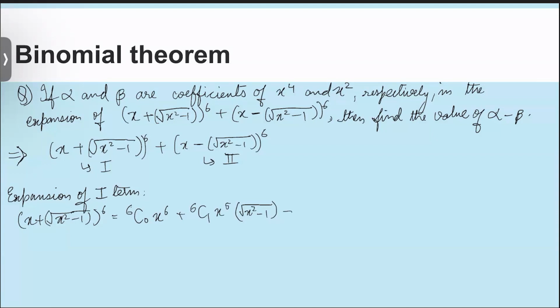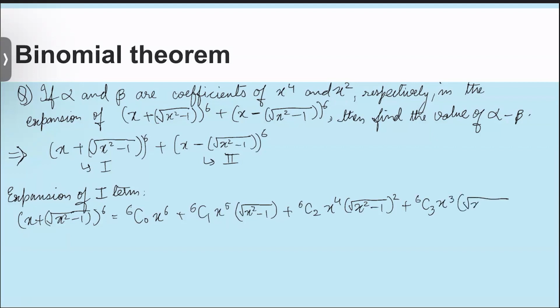Okay, then you will have plus 6c2 x raised to 4. This will be root of x squared minus 1 the whole squared. Then you will have plus 6c3 x cubed.